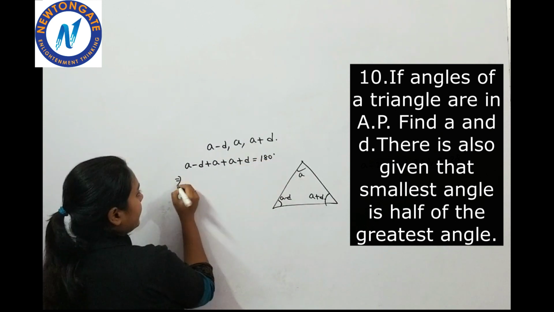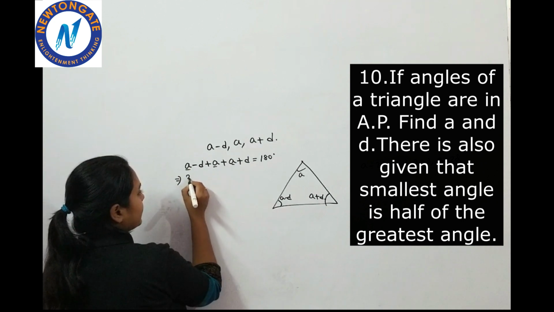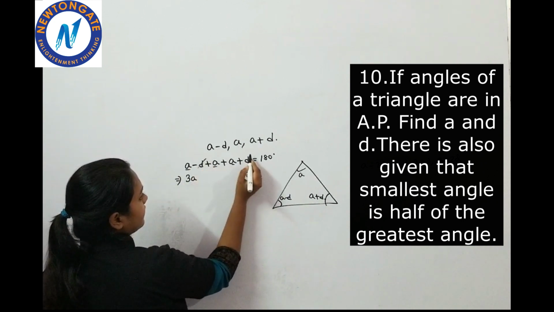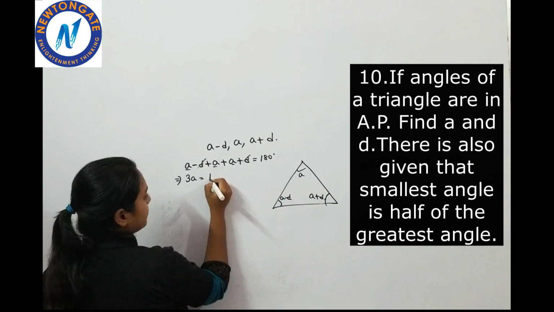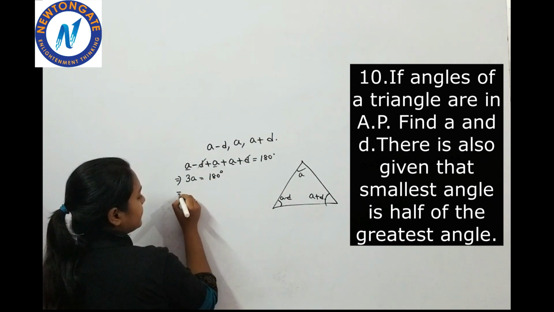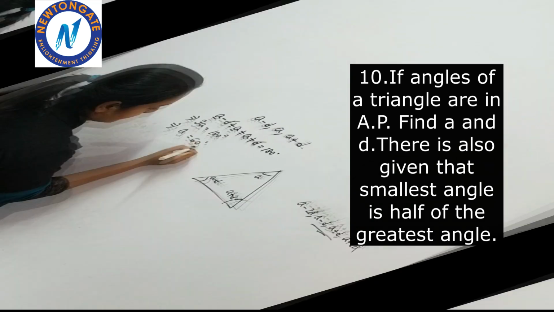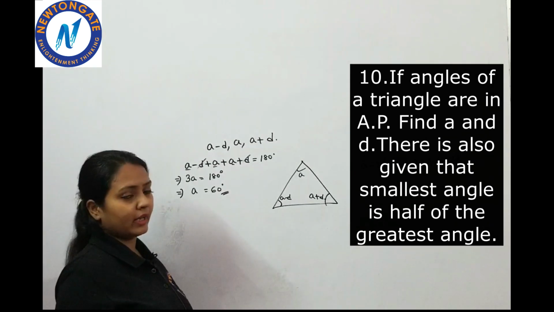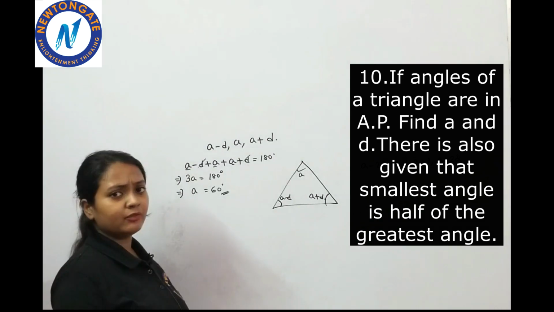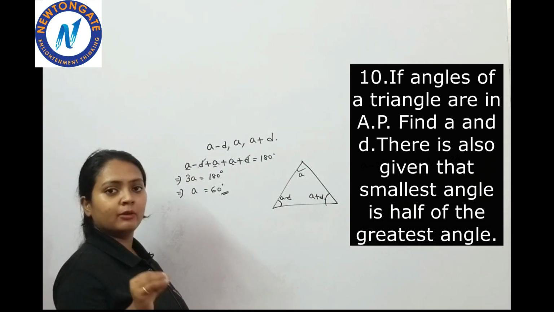Okay. And here we add, that is 3A, and here D cancels out, equals 180. That is 3A equals 180 and A equals 60. In this question, we find the value of A and D. From here, we find the value of A. Now, we calculate the value of D.